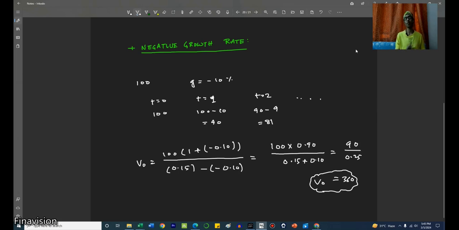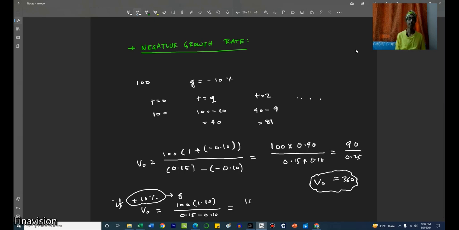In case it was positive, what would have been the value, guys? Let's calculate it also. V0 is equal to, if plus 10%, then this would have become 100 into 1.10 by (0.15 minus 0.10).